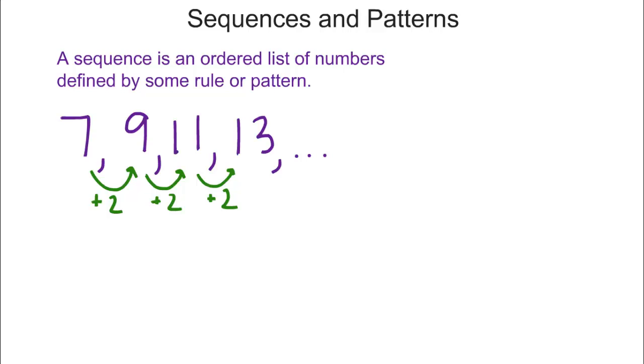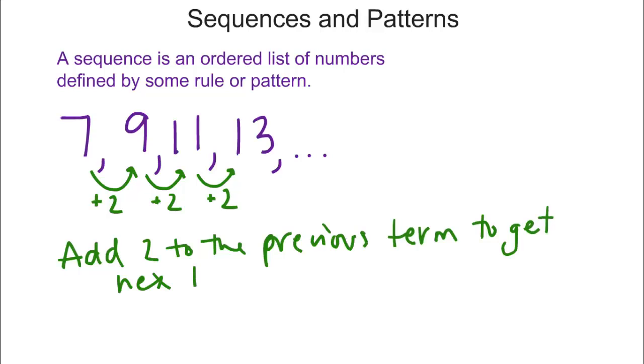So if you were to describe this sequence to somebody, how would you do it? What I'd like to do is write down in words what you might say. You would probably say, add 2 to the previous term to get the next term. Is that enough information for somebody to generate the sequence?